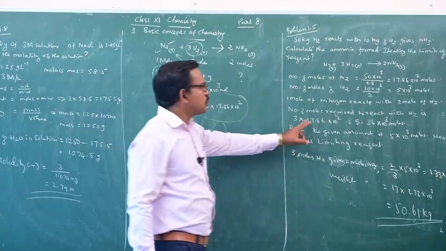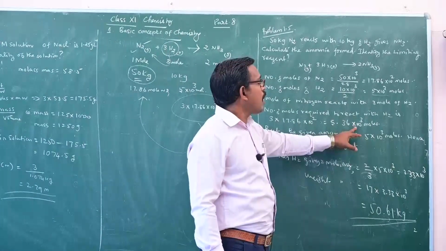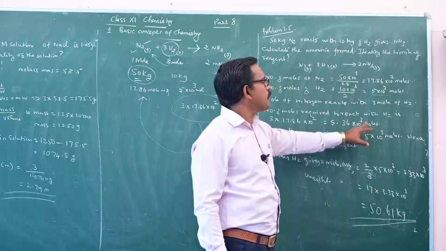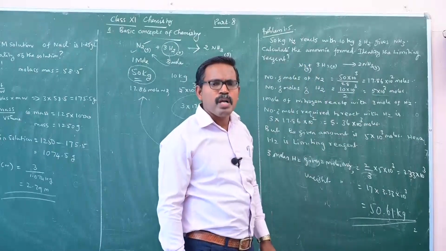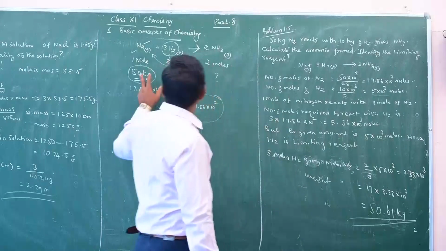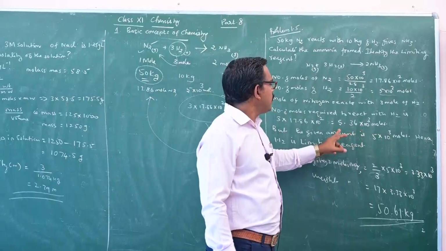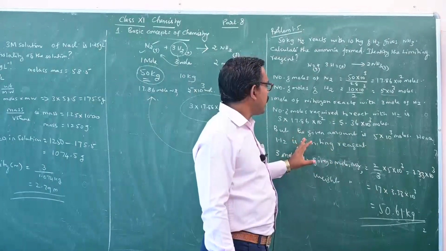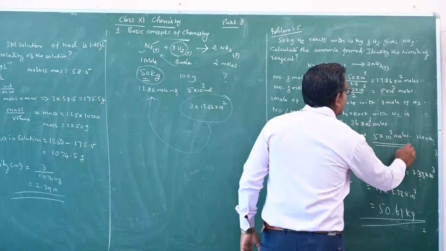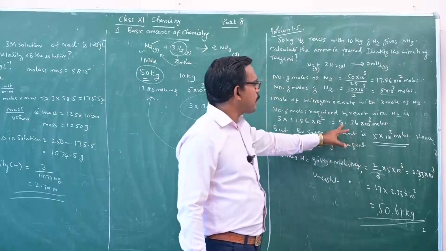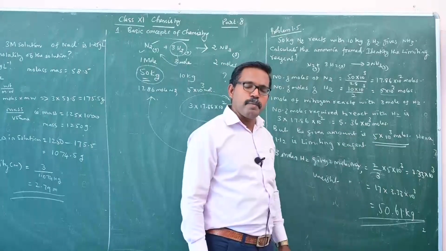That is 5.36 into 10 to the power 3 moles of hydrogen required, but the hydrogen present is only 5 into 10 to the power 3.